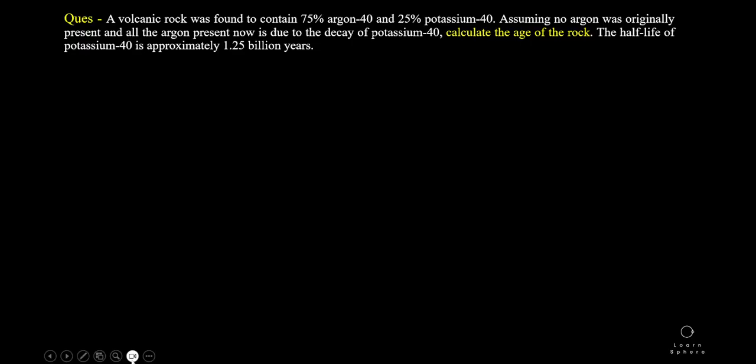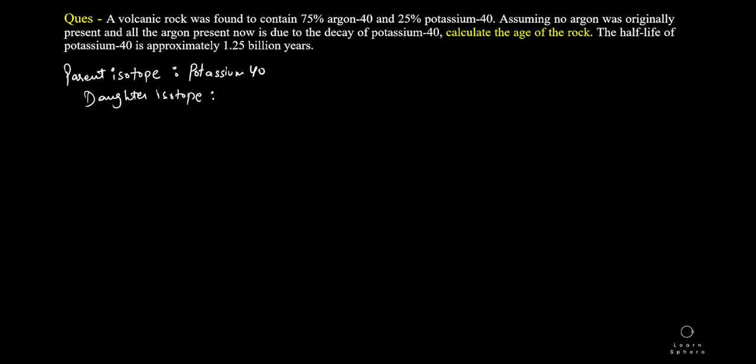So here we can write the parent isotope, which is potassium 40, and the daughter isotope, which is argon 40.